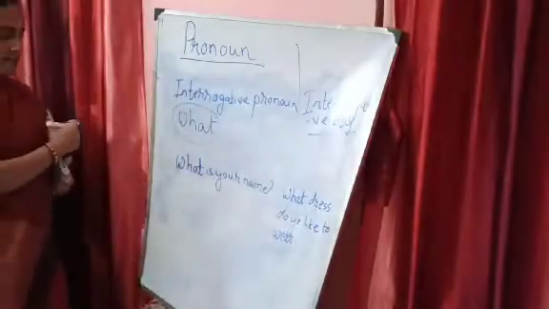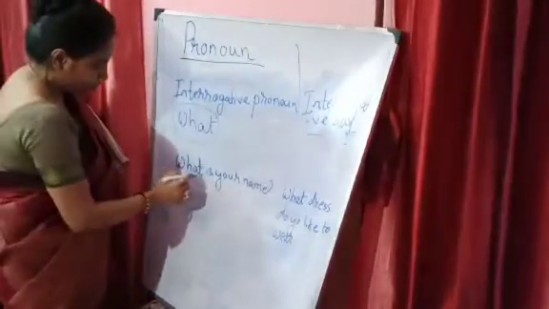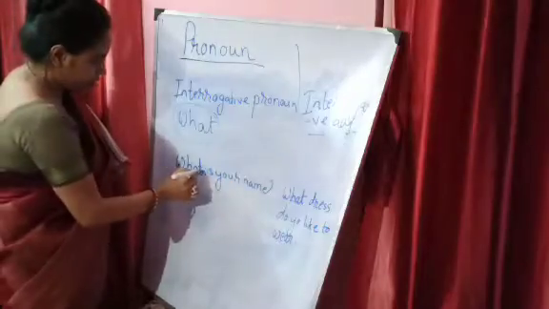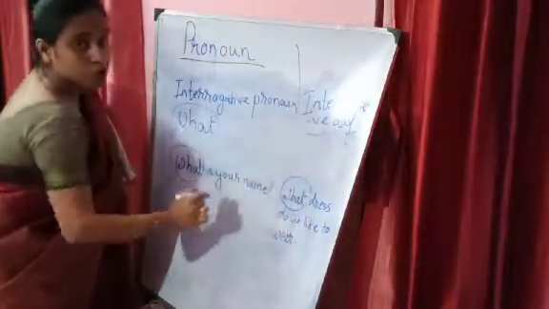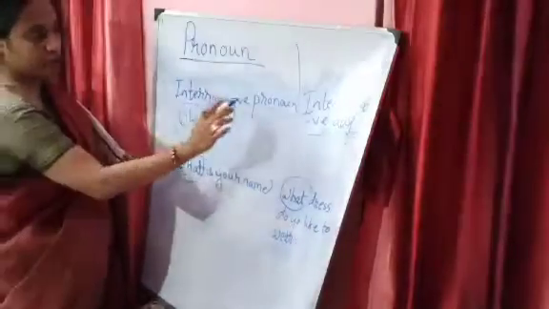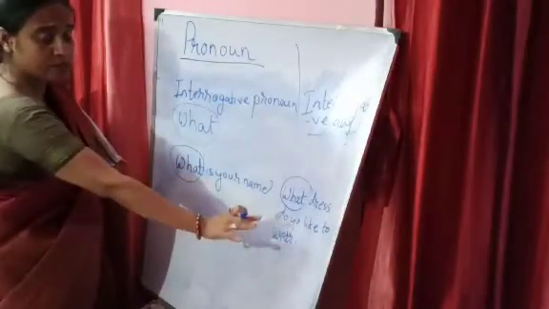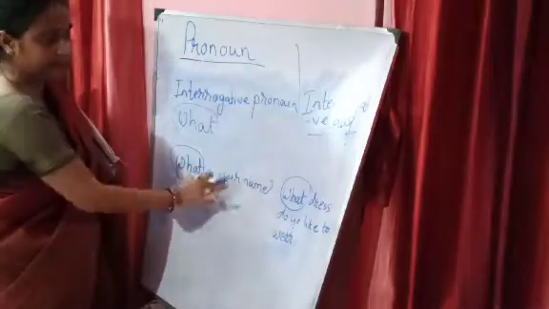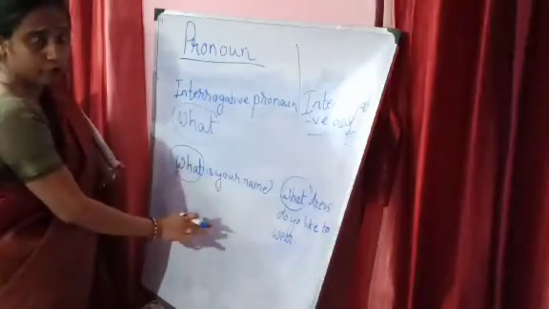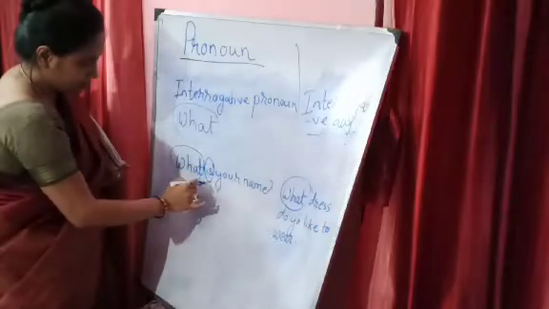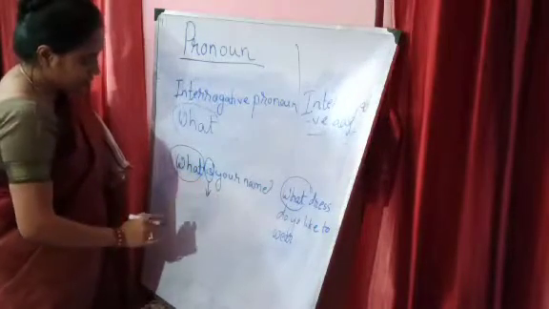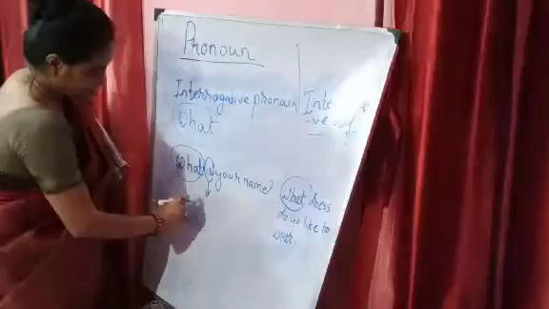See these two sentences. It's not given in your book. What is your name? Here also the word is what. Over here also the word is what. So how will you know which is which? I wrote over here interrogative adjective, and here I gave interrogative pronoun, so you know it. See, the word just after what is a verb.